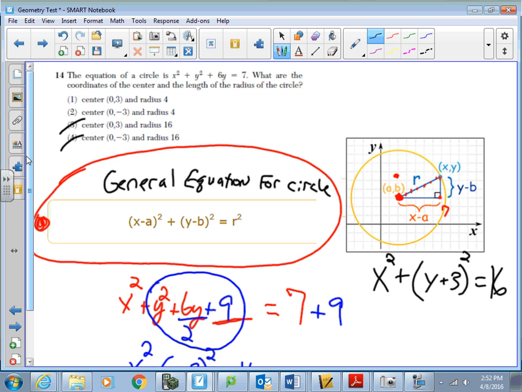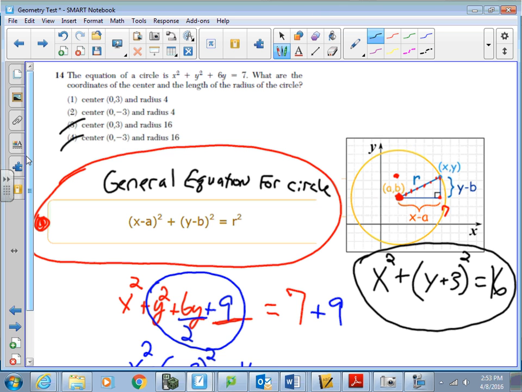And whenever you're looking at this equation of a circle, first of all, if you don't have anything in parentheses, if you just have x squared, then your x value is going to be 0, which both 1 and 2, the x value is 0.